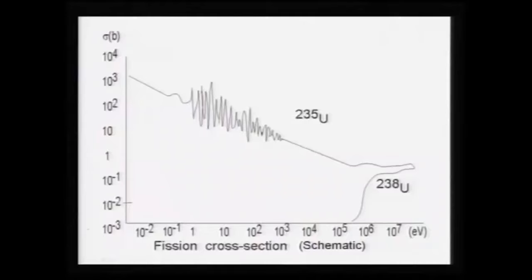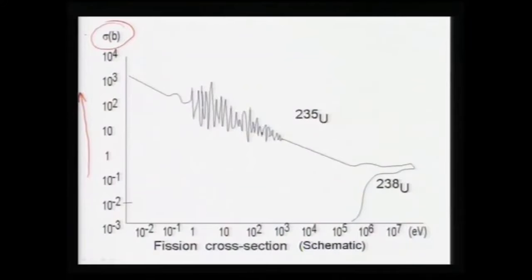Okay, so this diagram is in front of you. It is a schematic diagram drawn, so do not take it very seriously. These are not experimental data, but this is the trend. So, this is uranium 235 and the vertical side here is the cross section sigma in barn. One barn is 10 to the minus 28 centimeter square.